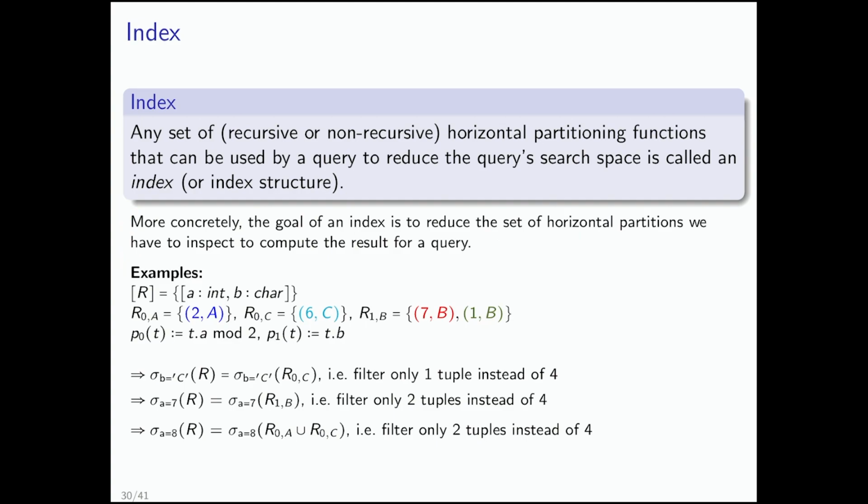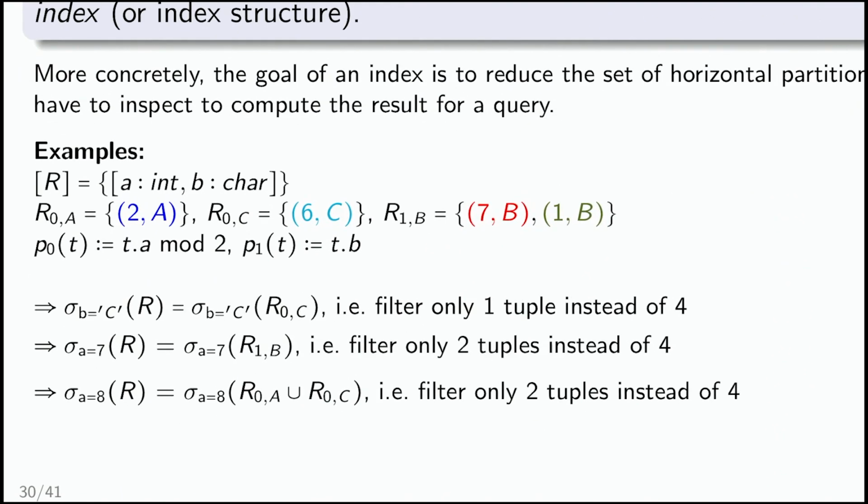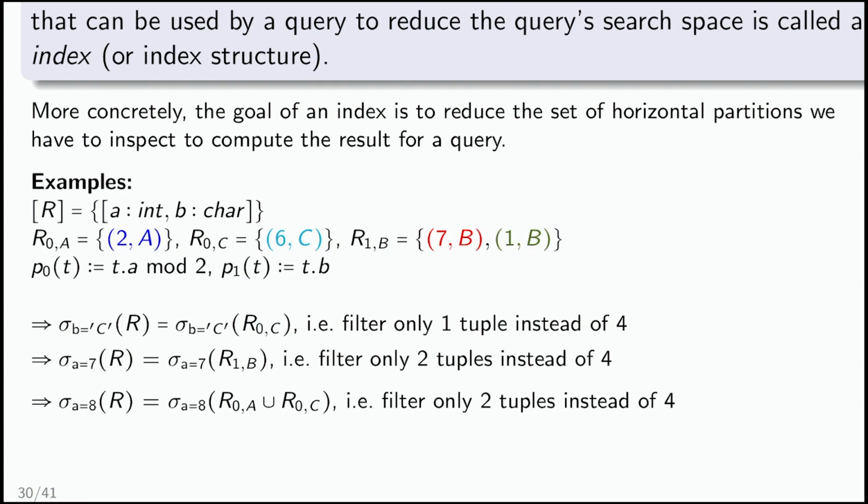Again, the same example. So we have this horizontal partitioning, this recursive induced horizontal partitioning. And now if you have queries like shown here, for instance, a query querying for all tuples where the B attribute equals C, then you can rewrite that to this query here, that doesn't operate on R, but on R 0.C.